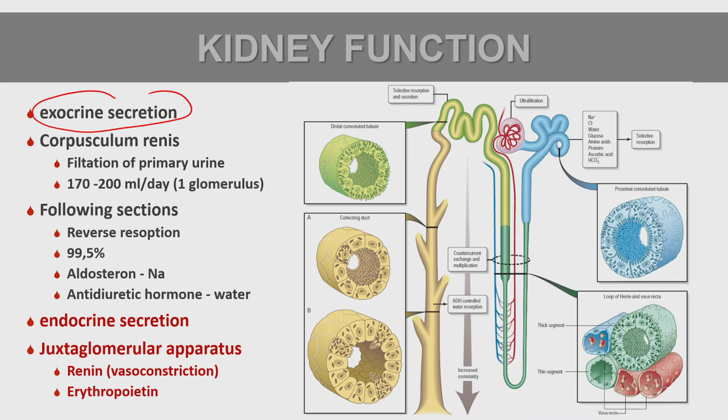So then 99 and more percent of all production is resorbed by the tubular system. It's guided by aldosterone for resorption of natrium, and water resorption is guided by antidiuretic hormone. From this structure the proximal tubulus contortus goes from cortex to medulla, forming the Henle loop, where resorption of water is made.